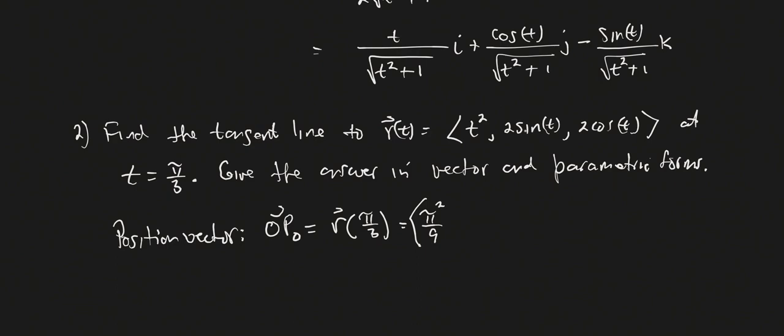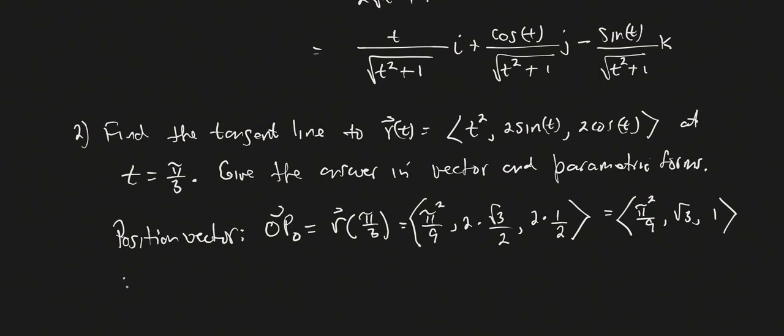The sine of pi over 3 is root 3 over 2, and the cosine of pi over 3 is 1/2. So when I simplify my position vector, which takes me to the point on the curve, I end up having pi squared over 9, root 3, and 1.